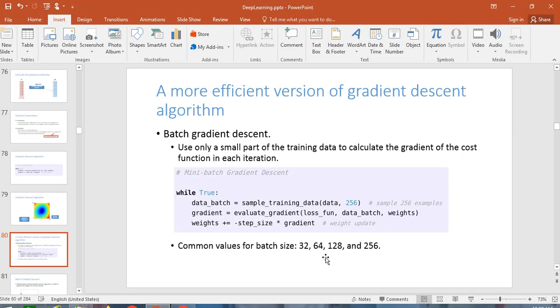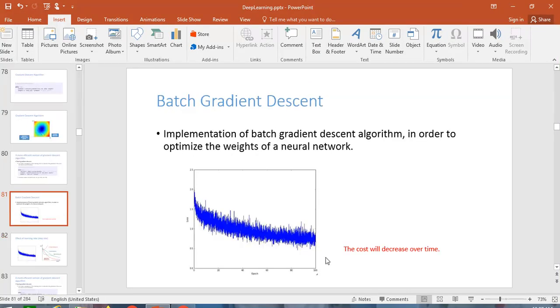Now, based on these 256, we determine the direction. That is, it's approximate and estimated. In fact, because of this, it is also called stochastic gradient descent. It also has a special mode that considers the data one by one, and this is not very common in the real world.